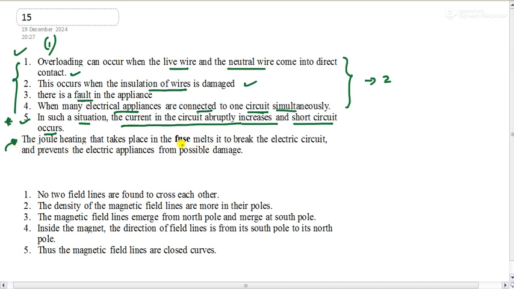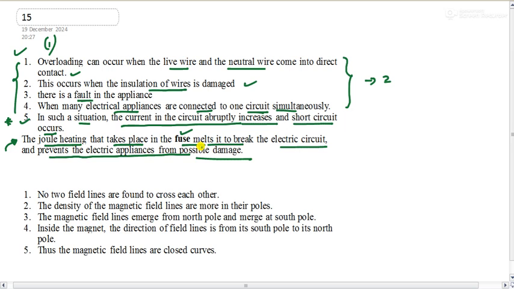The fuse melts, correct? Why? Due to the Joule heating that takes place in the fuse, it melts to break the electric circuit, and once it gets broken, it prevents the electrical appliances from possible damage.